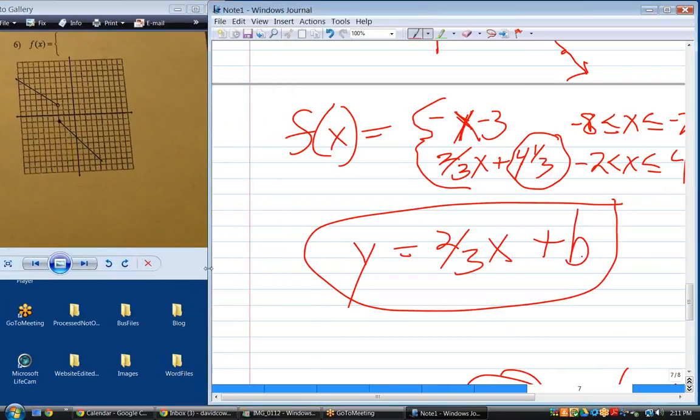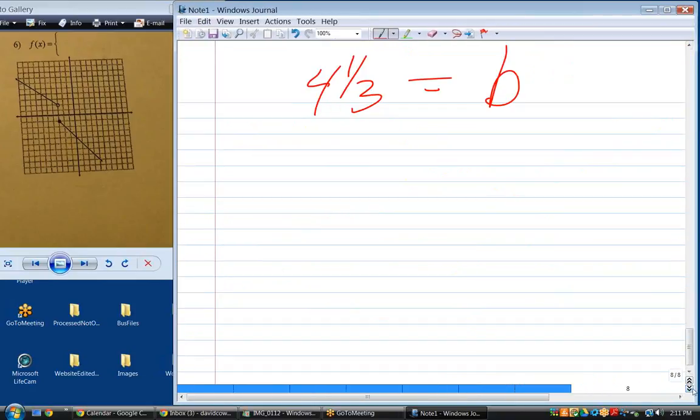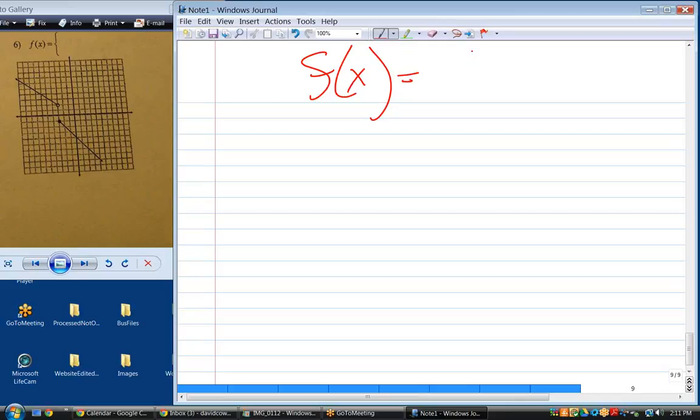Okay, again, they're giving us the graph, and we have to come up with the equation of it. So I've got f of x equals, and let's start with that part. Where is my first interval? -3.